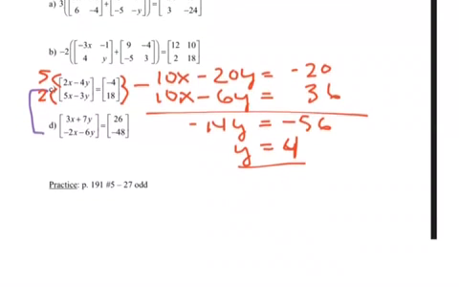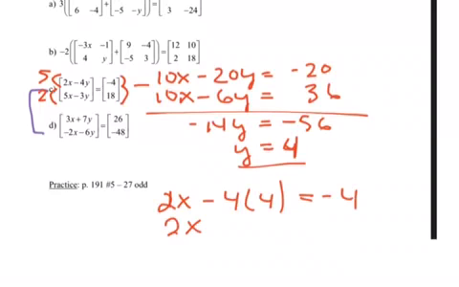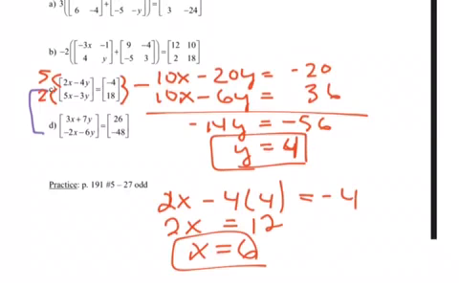And then if I plug that back into one of these, I'm going to say 2x minus 4 times 4 is equal to negative 4. So I get 2x minus 16, so I'm going to add the 16 over to get 12. So I get x equals 6. So my point, if this were a system of equations, the point where these intersect is 6, 4. I want you to try D.